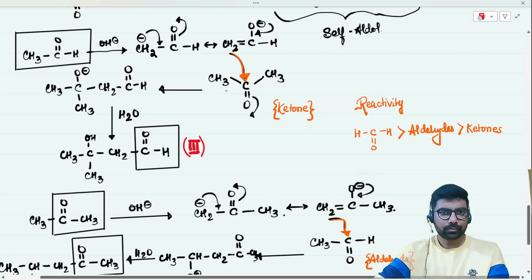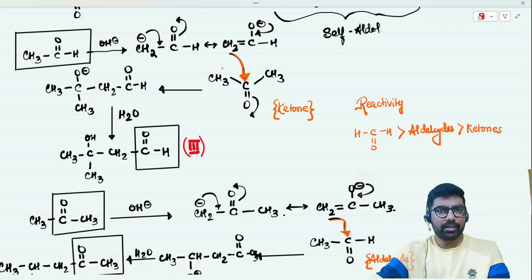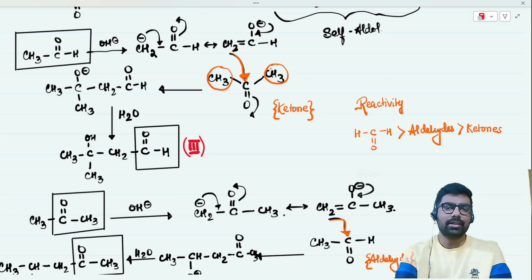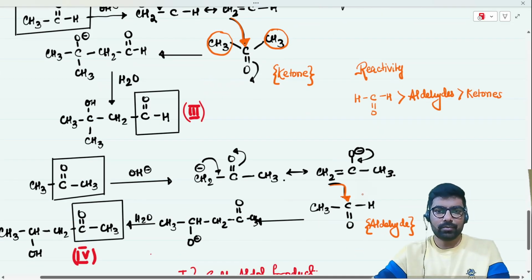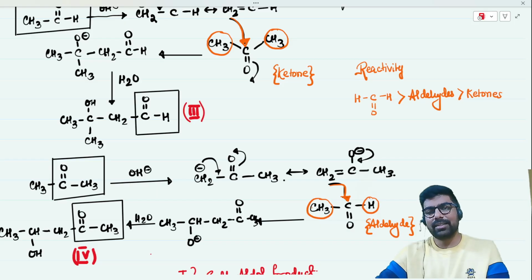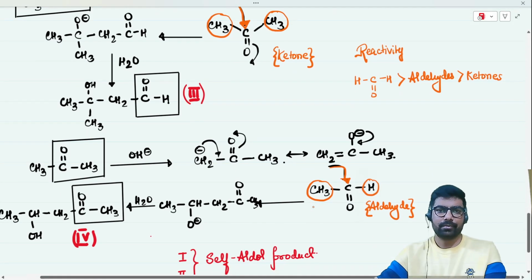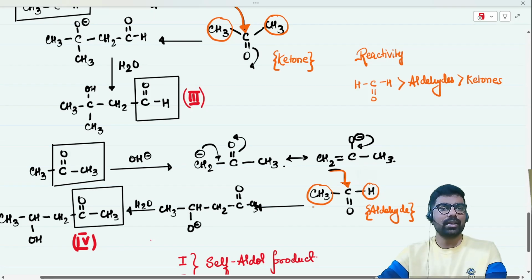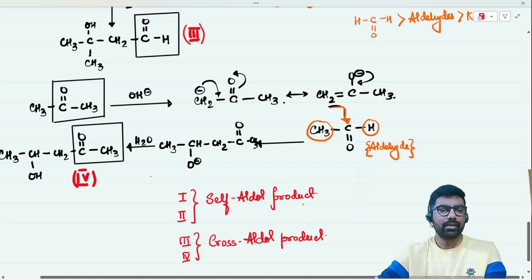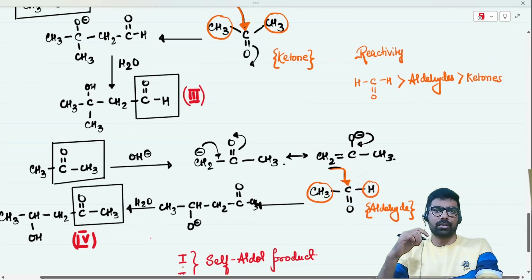Over here, the backside attack is taking place on a ketone which is sterically more congested. There are two big methyl groups which may hinder the reaction, but on this side there is one hydrogen which is very small in size. So between product 3 and product 4, product 4 is more favored because of the steric hindrance of the aldehydic and ketonic group.